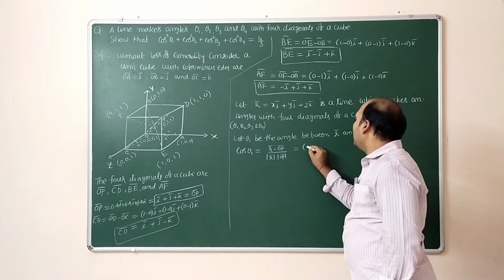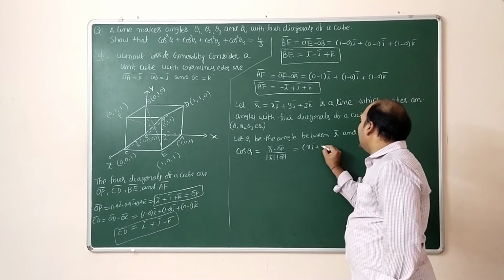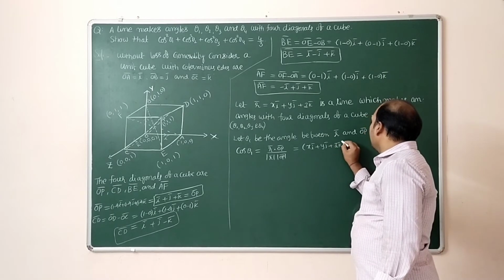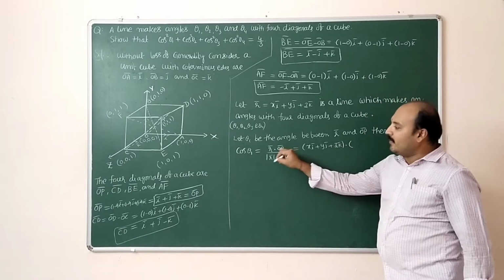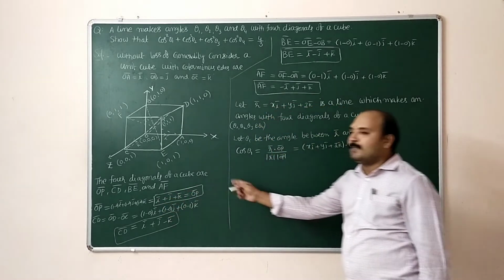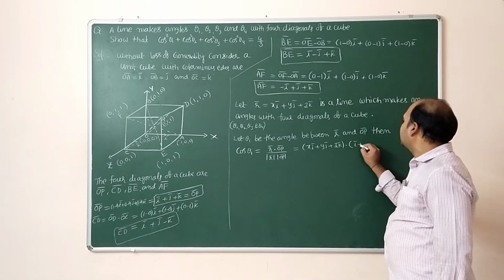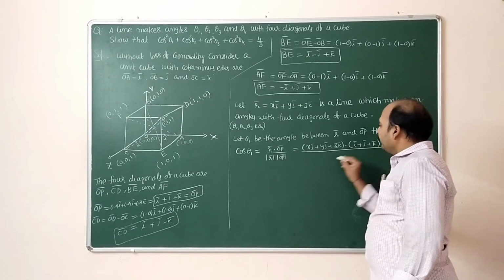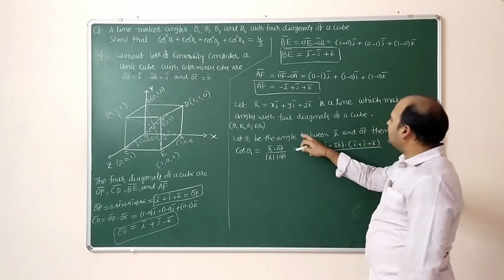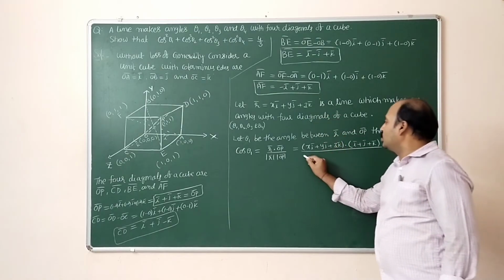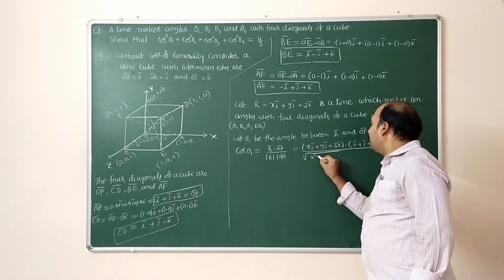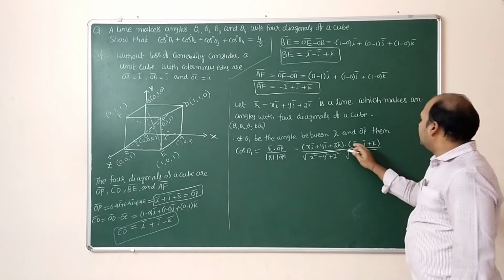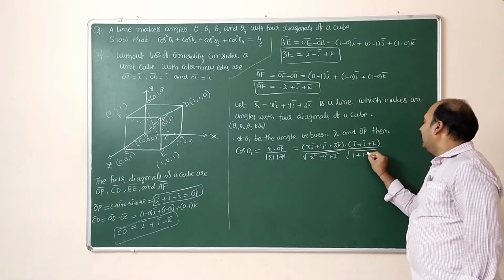R bar is xi bar plus yj bar plus zk bar, dot the OP bar vector, which is I bar plus j bar plus k bar, divided by the magnitude of R bar, root of x squared plus y squared plus z squared, into root of 1 squared plus 1 squared plus 1 squared.